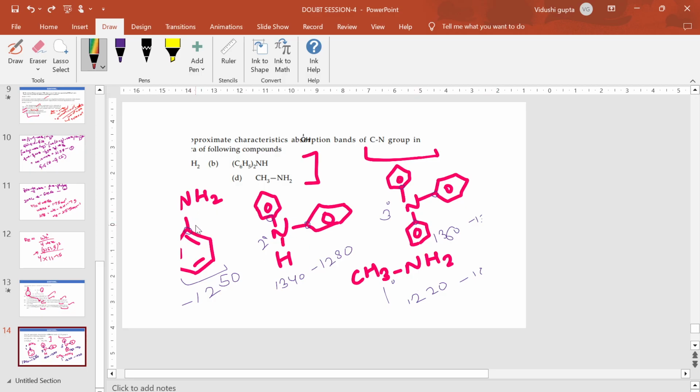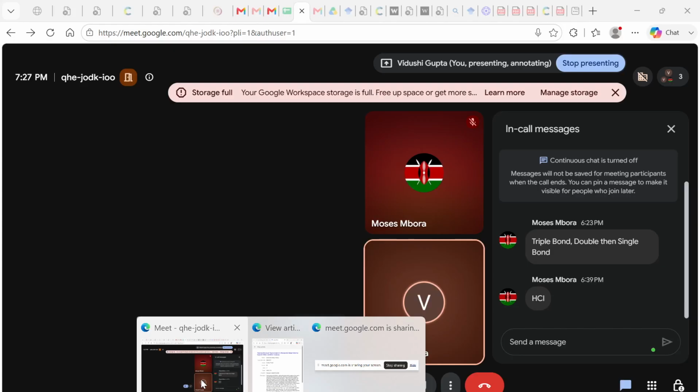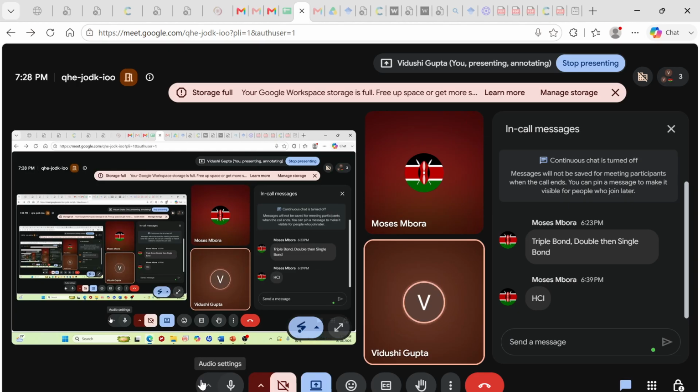For the primary aromatic amine, it generally comes at 1250. Secondary amines come at the 1340 to 1280 region. Tertiary amines at 1300, and primary aliphatic at nearly 1200 to 1100 or 1050. You only should remember the near range, not exact values. Generally, they will ask in the range only.